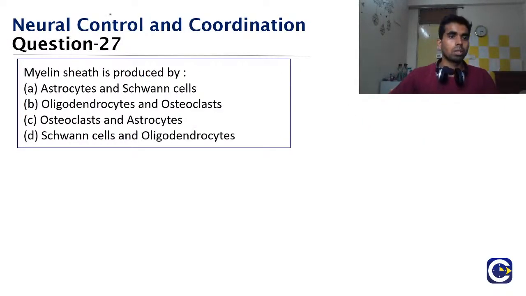Now moving to question number 27. Myelin sheath is produced by option A, astrocytes and Schwann cells, option B, oligodendrocytes and osteoclasts, option C, osteoclasts and astrocytes, and option D, Schwann cells and oligodendrocytes. We have discussed the neuron structure.